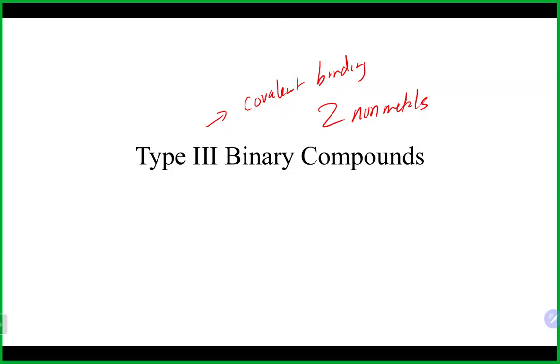So with a type 3 compound, just like with type 1 or type 2, when you see a metal and nonmetal, you know it's ionic. When you see 2 nonmetals, you know it's covalent, and it's going to be a type 3 in terms of naming.